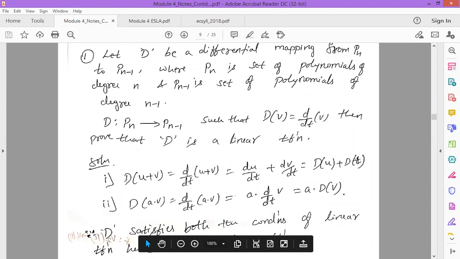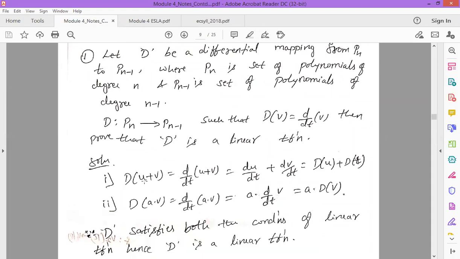The differentiation of the sum of the two variables u plus v is written as d by dt of u plus v. Since it is a plus, you can separate the differentiation. That is, we can write this as du by dt plus dv by dt. Here du by dt is the differentiation of u, plus dv by dt, which is represented as D of v.